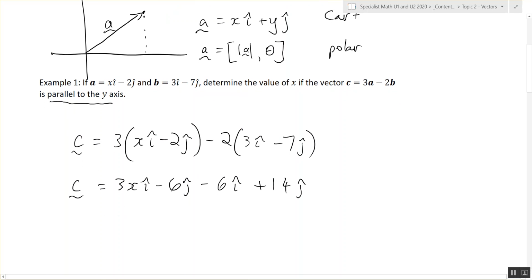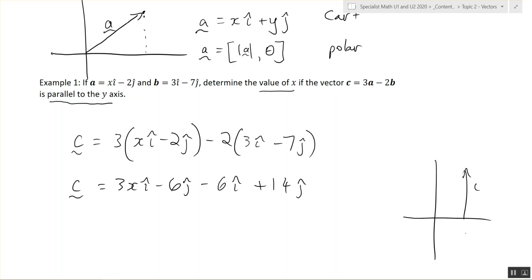Now it wants us to find the value of x. So the x value is next to an i unit vector. We also know it's parallel to the y-axis. It's moving up in the y, so the y is changing. The x values don't change. Isolate the x values.